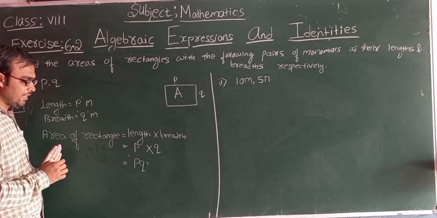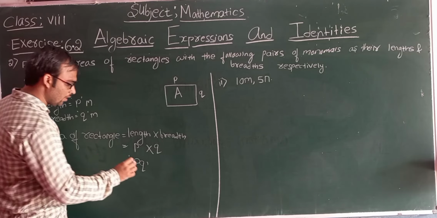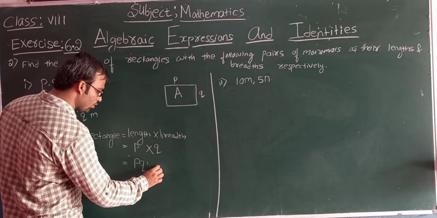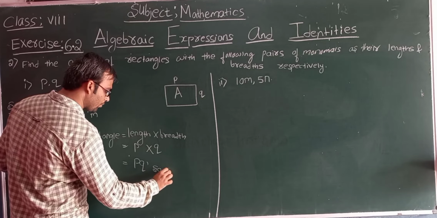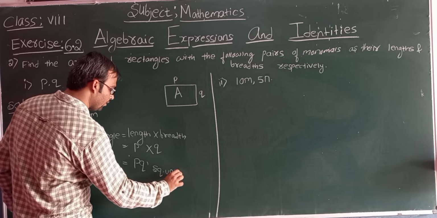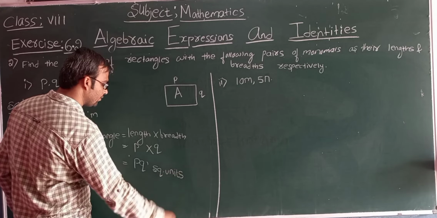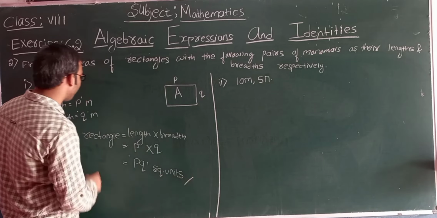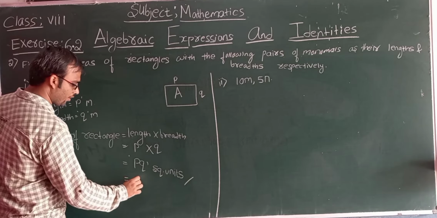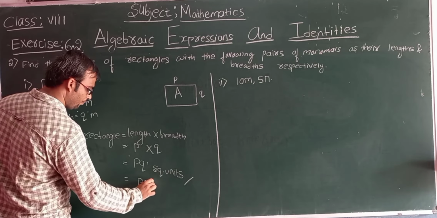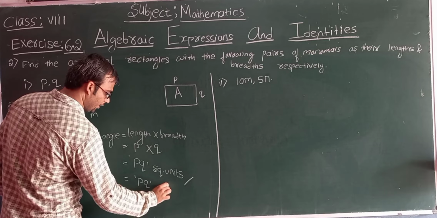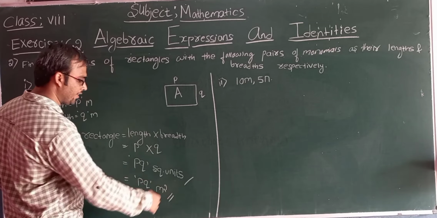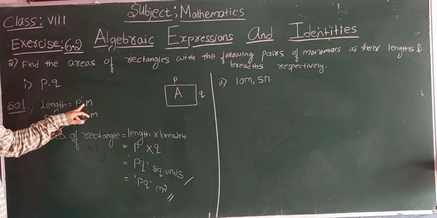They have asked area. So here the unit for this is what? Square units. Okay. And as we have taken the units in meters, we can write pq meter square, or you can write square units. So here we have assumed meter.